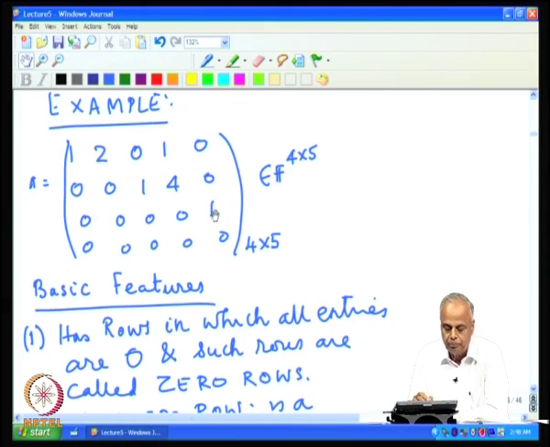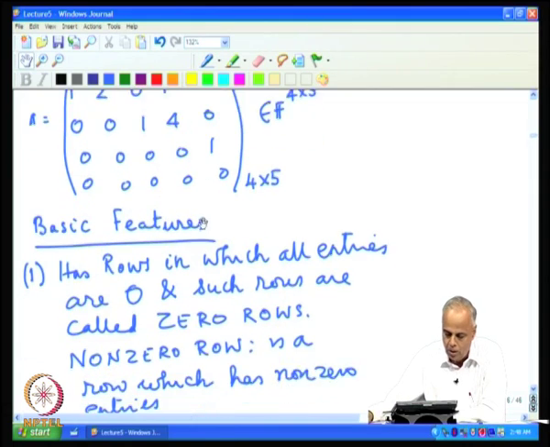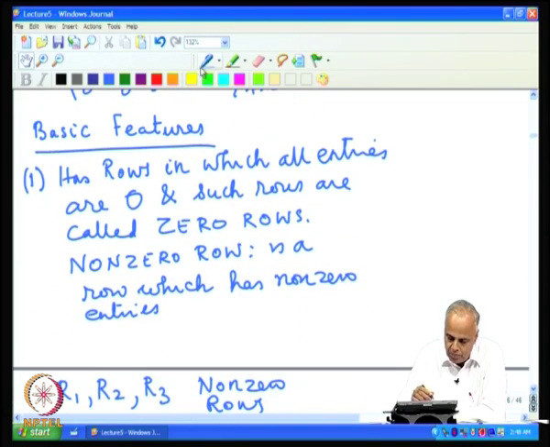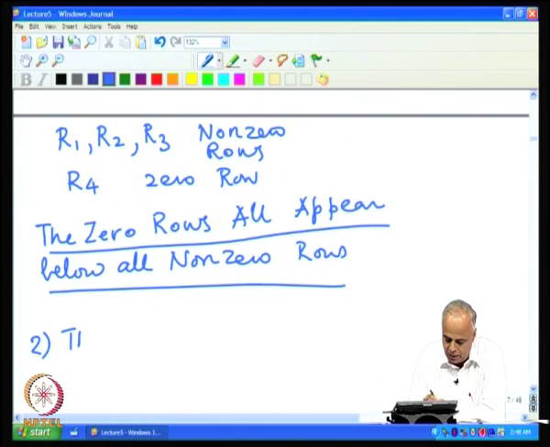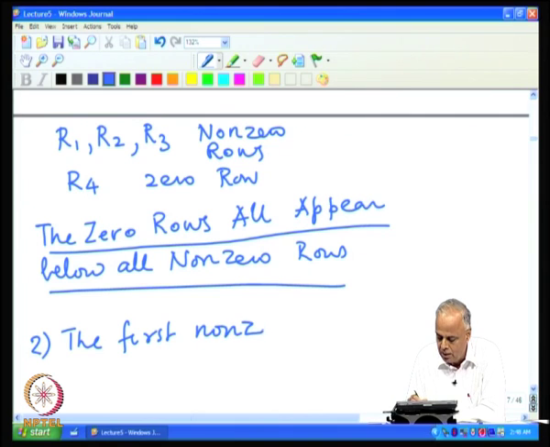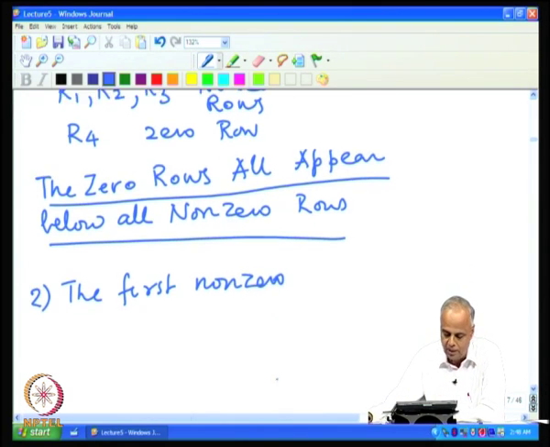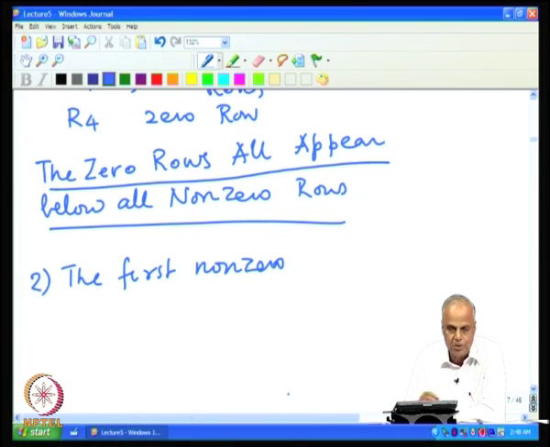So, therefore, in each row there is a first non-zero entry, and that turns out to be 1. Here it is 1, here it is 1 and here it is 1. So, the important observation is that the first non-zero entry, when we say first, we mean the first when we read from the left of the matrix, from the first column onwards.